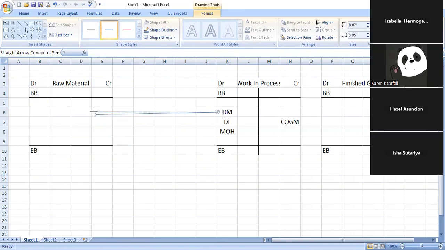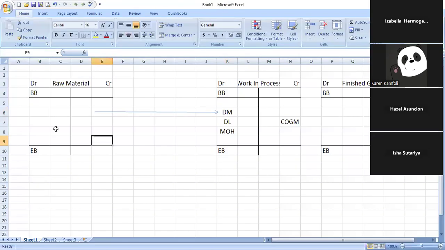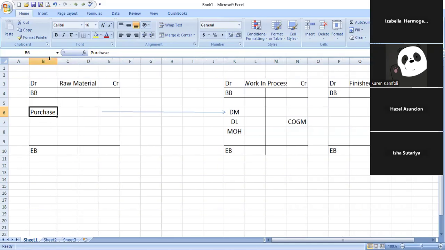If I don't have the raw materials, I'm not going to have direct material. From where am I going to get the raw material? I have to purchase it, right? Once I purchase my raw material, I can see how much it costs me. Then the cost of the direct material that I'm using is going to go directly into my process.